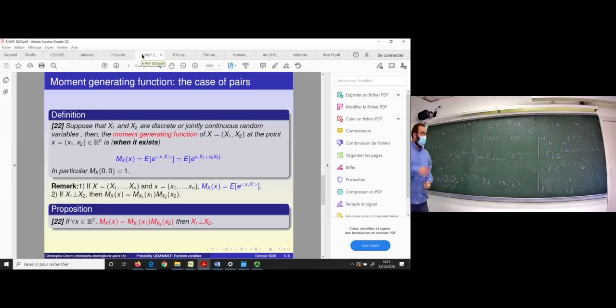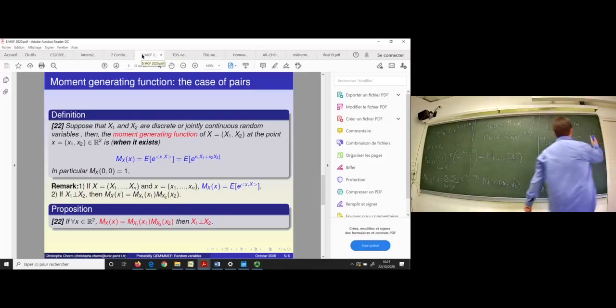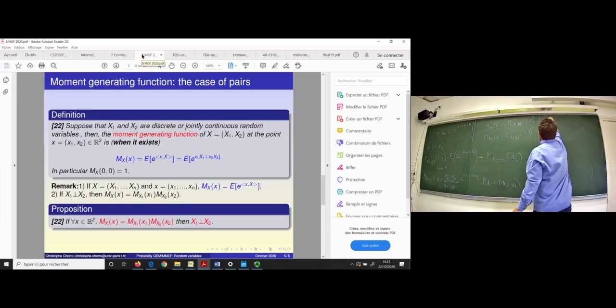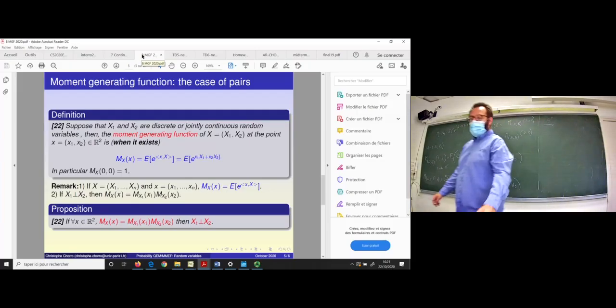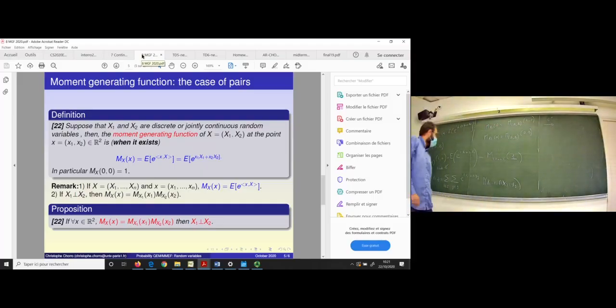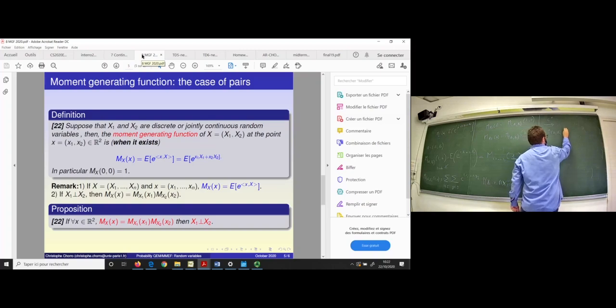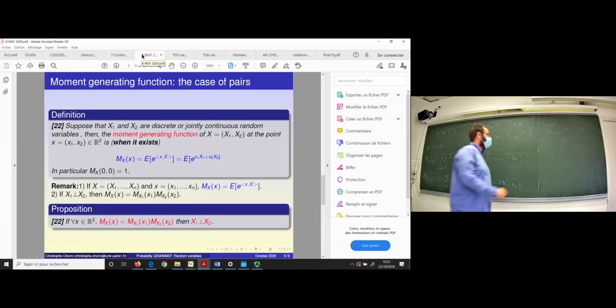If I am in the continuous case, that is the case where the pair X1, X2 has a joint density function, then if I want to compute the moment generating function, it will be a double integral.